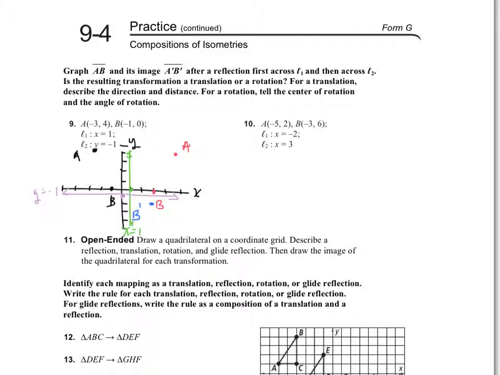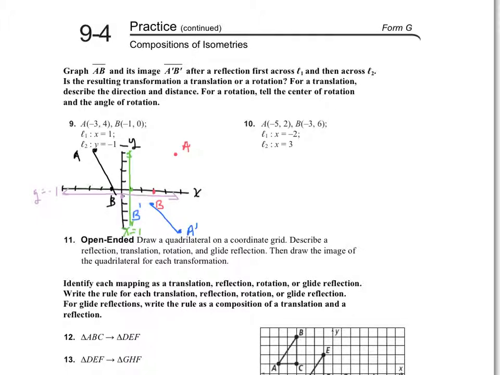So A prime is going to be down here. So this is the first line, and there's the second. Pardon me, I'm losing my voice.